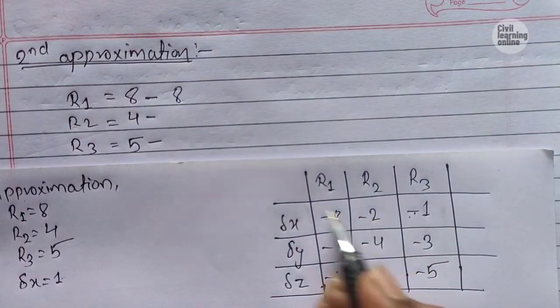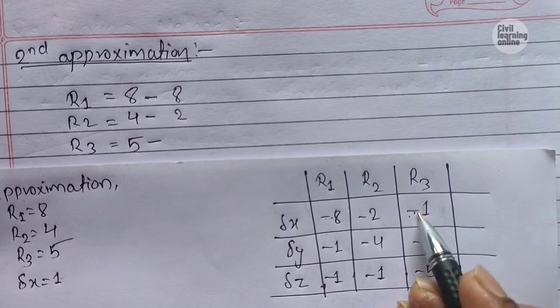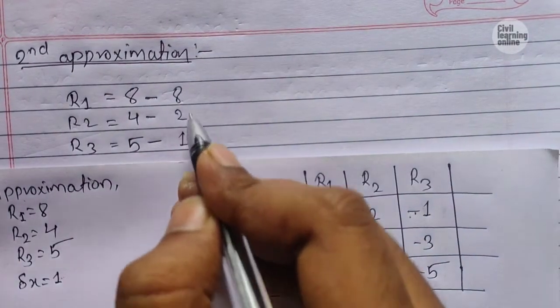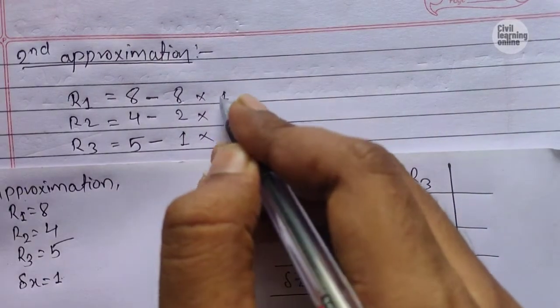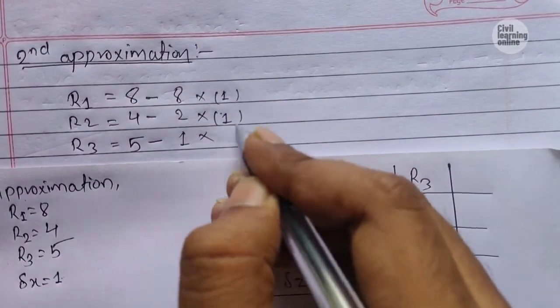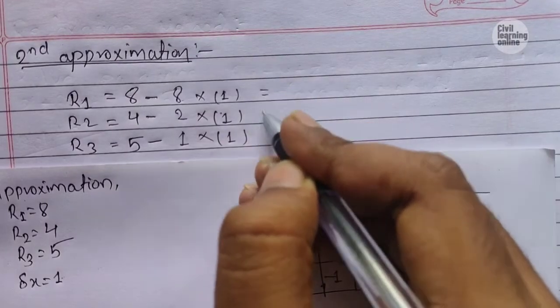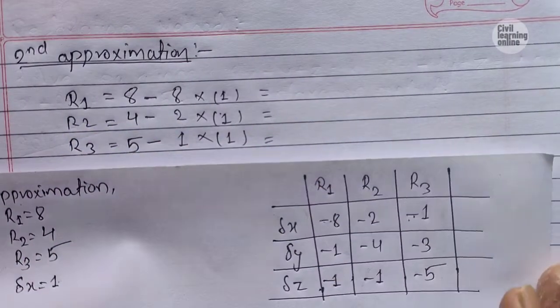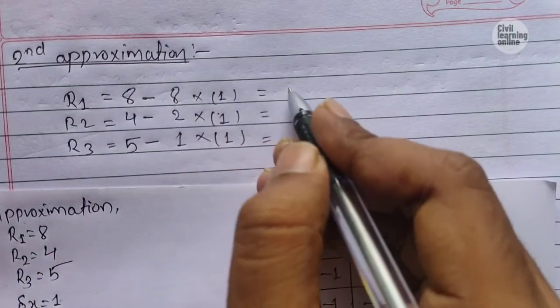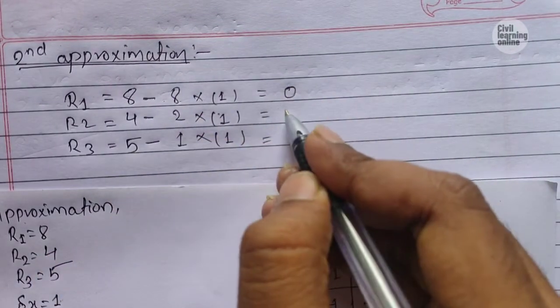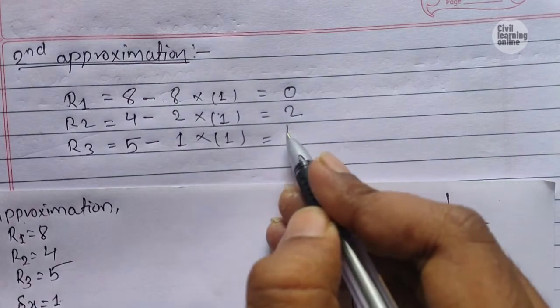This is -2, so 2, and here it is -1, so 1, and this whole is going to multiply with the value of del x, so 1, 1 and 1. On solving this, we will get the value of new r1, r2, r3. So 8 minus 8 will be 0, 4 minus 2 will be 2, and 5 minus 1 will be 4.